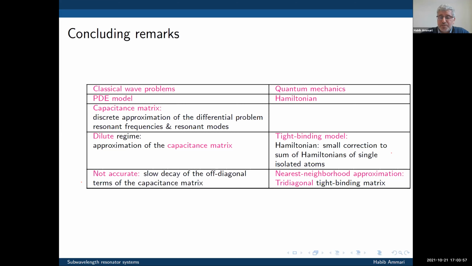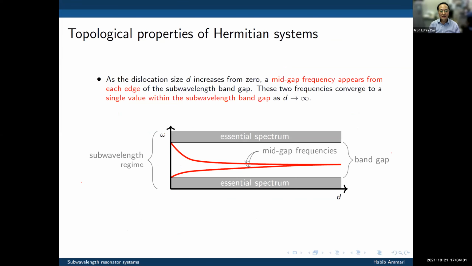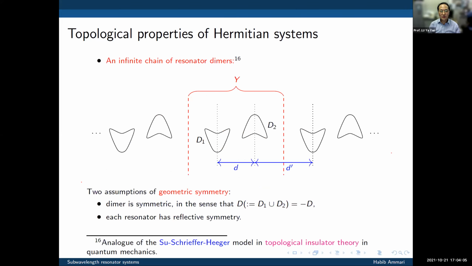Is it a 2D Helmholtz equation? Yes, it's a 2D Helmholtz equation, like the pictures that you showed. Okay, so then you make the left and right different in periodicity, and then you argue the existence of the localized edge mode, right? That's what you did. Exactly.